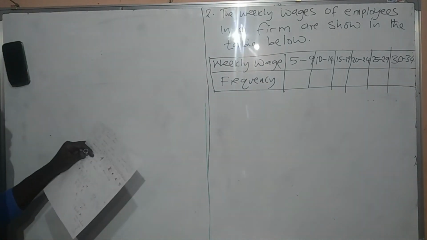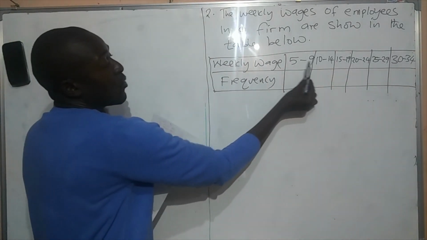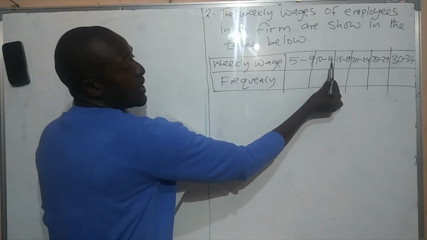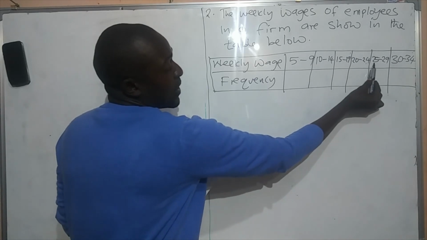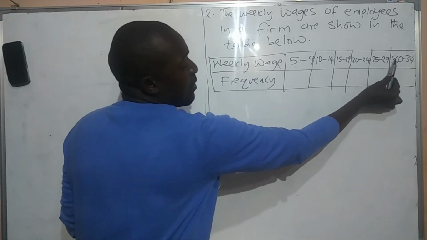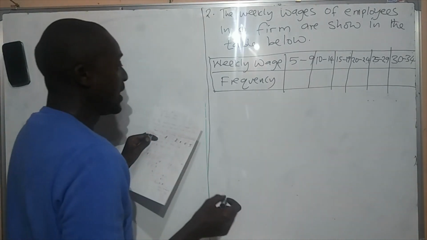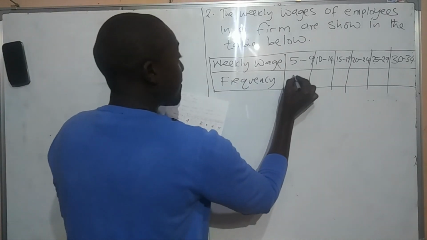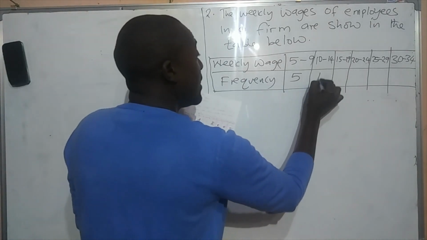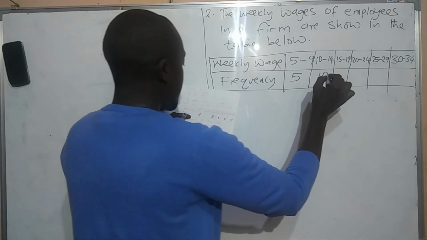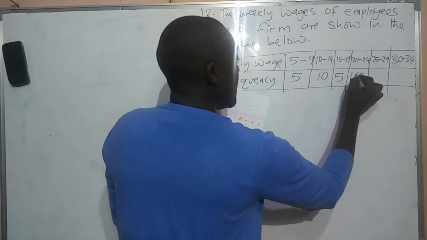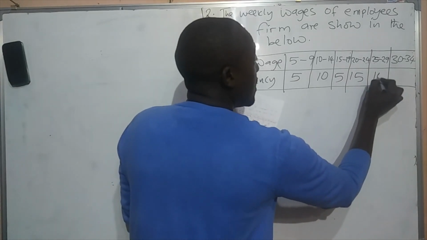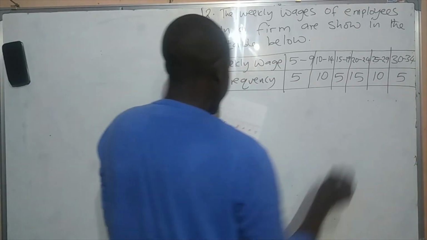And then here we are going to have 5 here, 10, and then we have another 5 here, 15 here, 10, and 5 at the end.